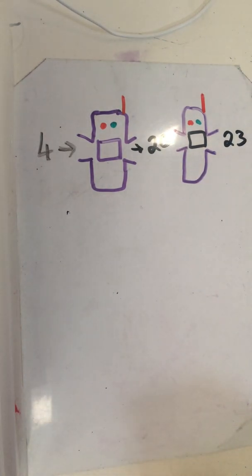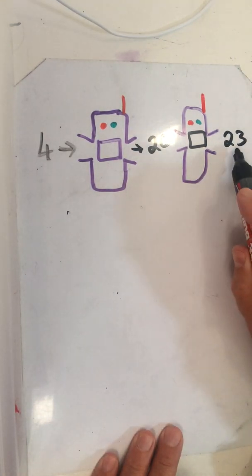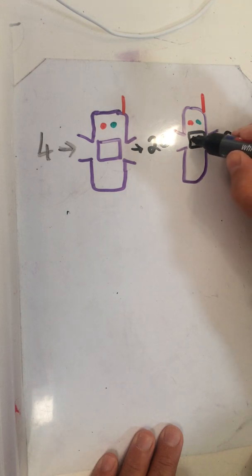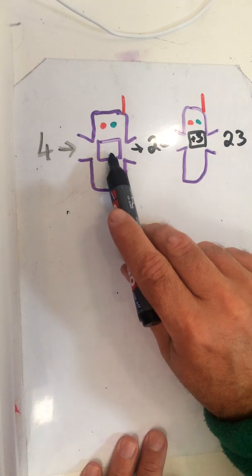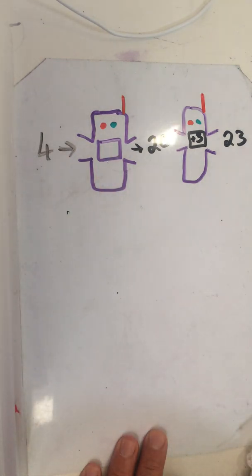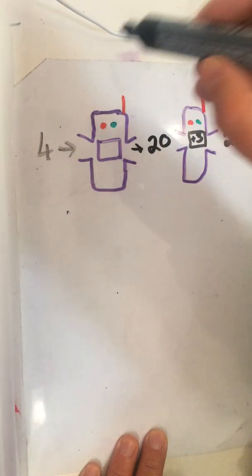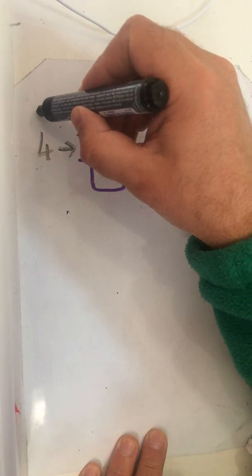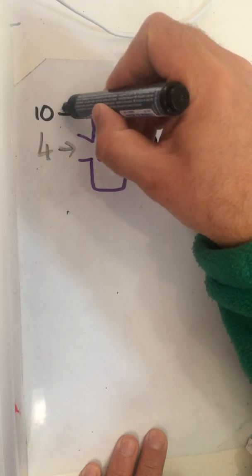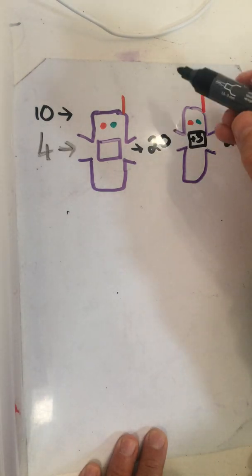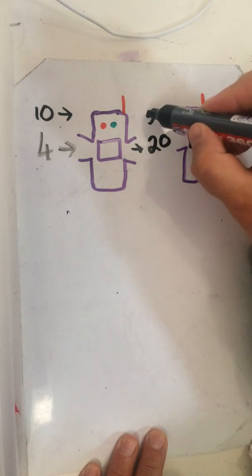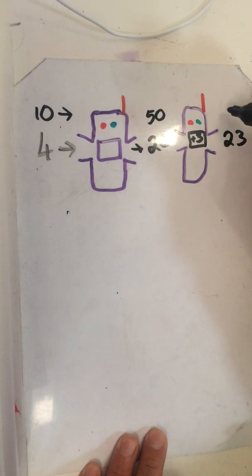So we can see that going from the 20 to 23, all that can be is plus 3. So that'll be plus 3. But we're still not entirely sure what this first one is yet. So if we've got another number going in, say for example we've got 10 going in here, and then this number is 50, and then this number here will be 53.